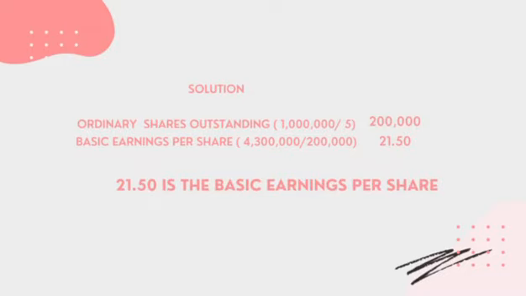And we now have to subtract the income tax expense of 1,500,000 from the profit before tax of 5,800,000 for us to get the 4,300,000. And then we have to divide the 4,300,000 by the ordinary shares outstanding, which is the 200,000. So we can get the basic earnings per share of 21 pesos and 50 cents.